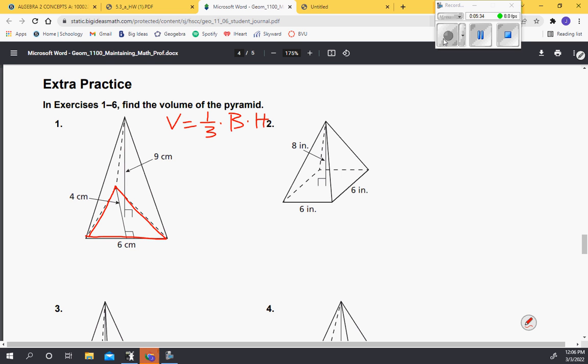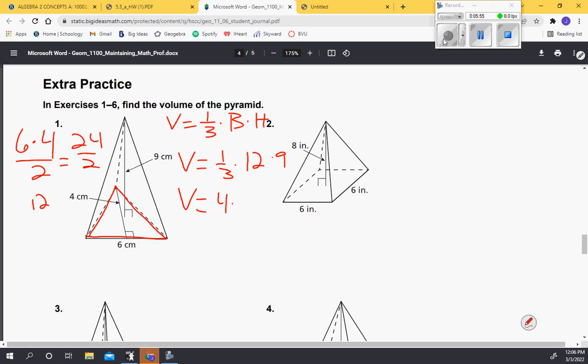So base is 6 times the height 4 divided by 2. That's 24 over 2, which is 12. So my volume is equal to 1/3 times 12 times my height 9. I can simplify 1/3 times 12. That's 4 times 9, which is 36. 36 centimeters cubed.